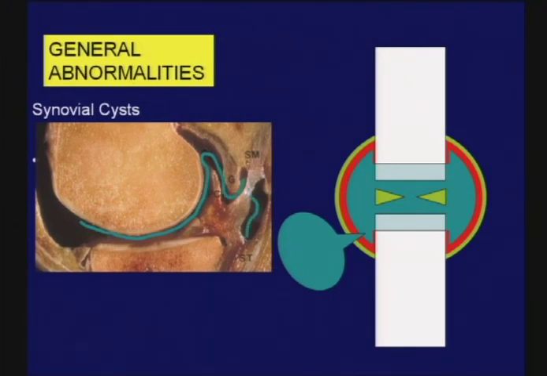The fluid takes a complicated course from the joint around the posterior capsule that serves as a ball valve mechanism, and then, still complicated, enters a bursa intimate with the medial head of the gastrocnemius and the semimembranosus tendons. So this then is the classic popliteal cyst.